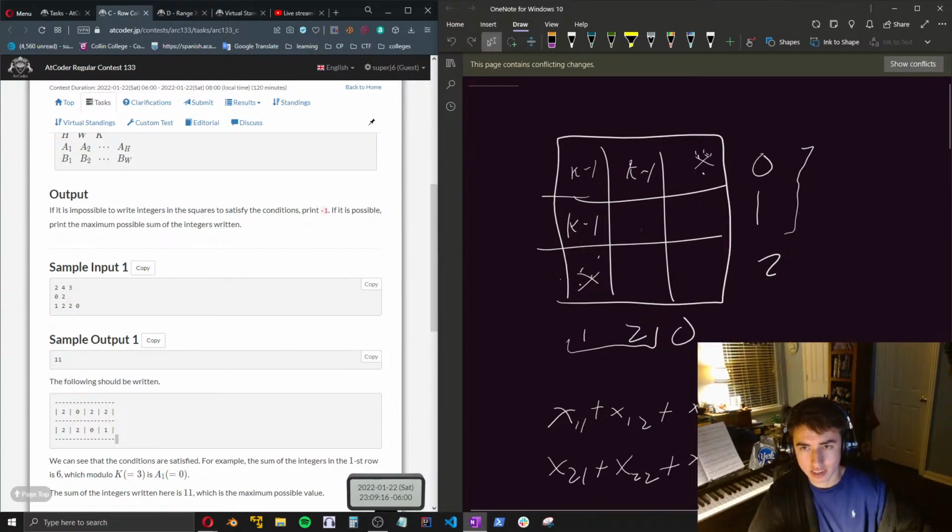Oh wait, it's even easier. We don't have to worry about a system of equations at all, because we can just iterate over one of these values, and all the other values are uniquely determined. And we set all the other ones to k minus 1 and their corresponding values.